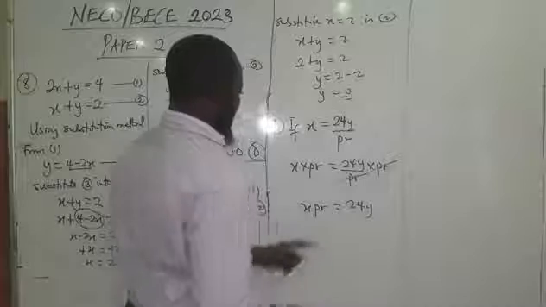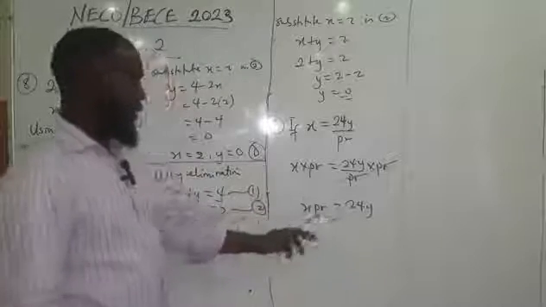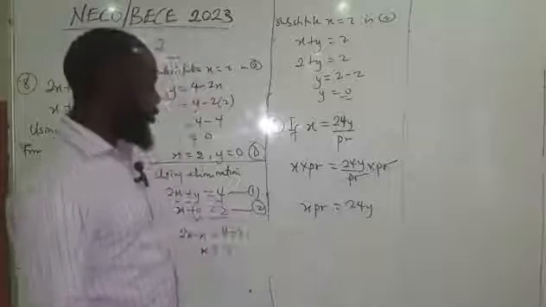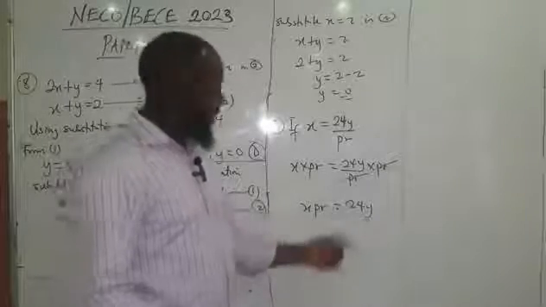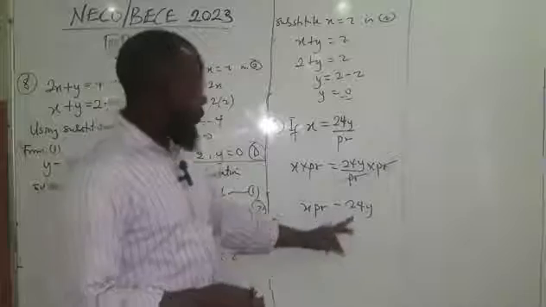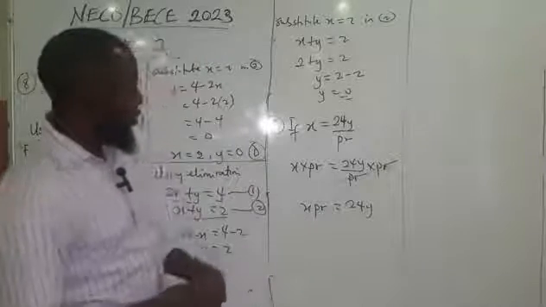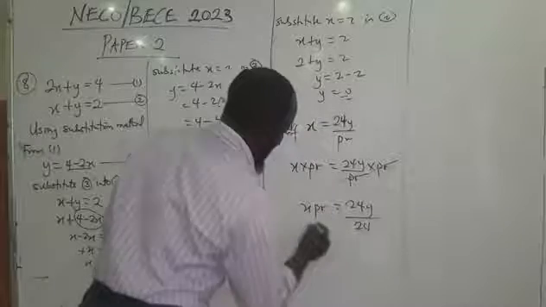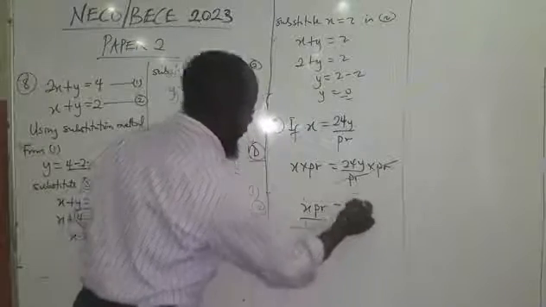24y. Don't forget, what we are making the subject of formula is y. So what are we going to do to make y stand alone? What is beside our y is 24. So that means we're going to divide both sides by 24. This divided by 24, this also divided by 24. So this cancels this.